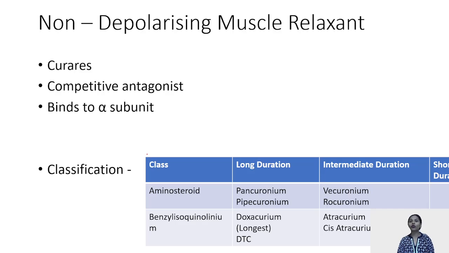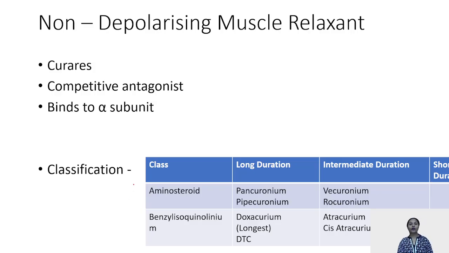We have aminosteroids, we have benzylisoquinolines, further divided according to duration of action: long duration, intermediate duration, and short duration. The long duration ones act for a longer period, like 60 to 90 minutes, intermediate duration 45 to 60 minutes, and short duration around 10 to 20 minutes.